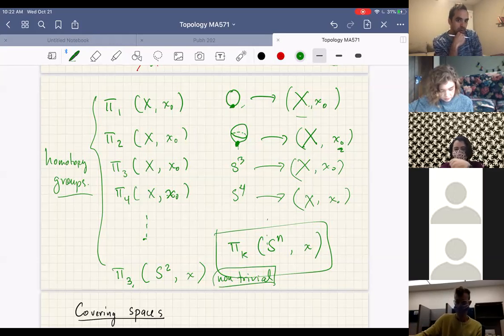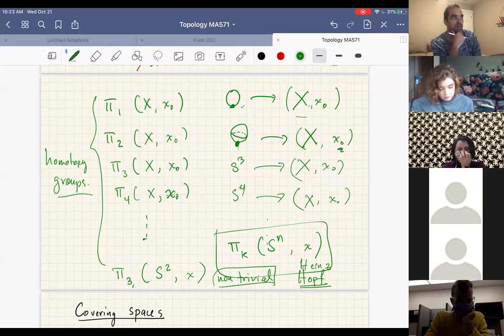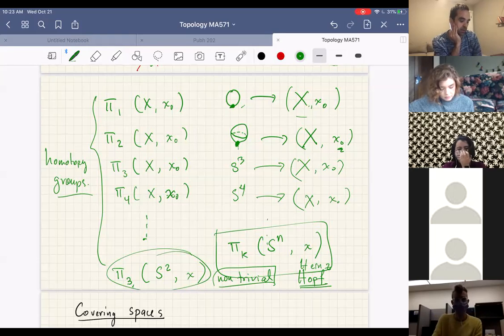Which Hopf? Heinz Hopf, maybe? I think so. From the 20th century. Anyway, these are very interesting, and they contain a lot of information about your spaces and how they behave.